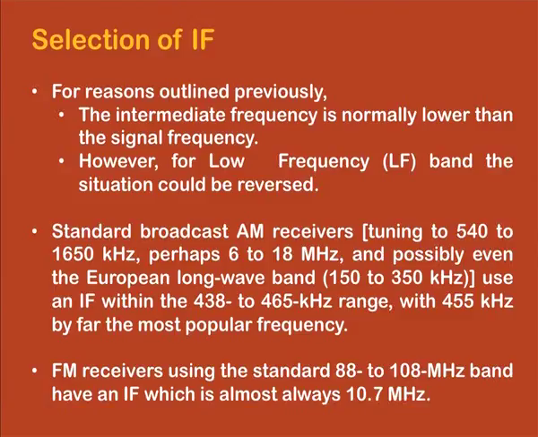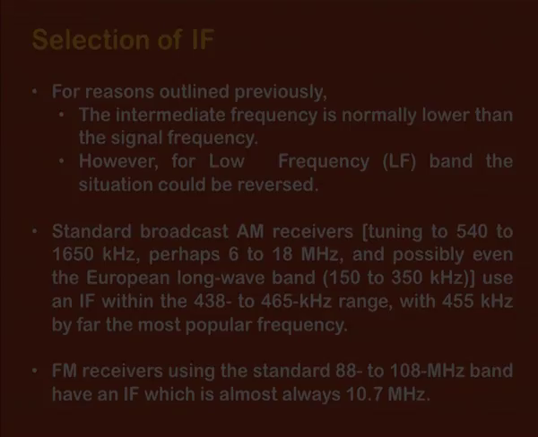FM receivers use the standard 88 to 108 megahertz band, and they have an IF of 10.7 megahertz.